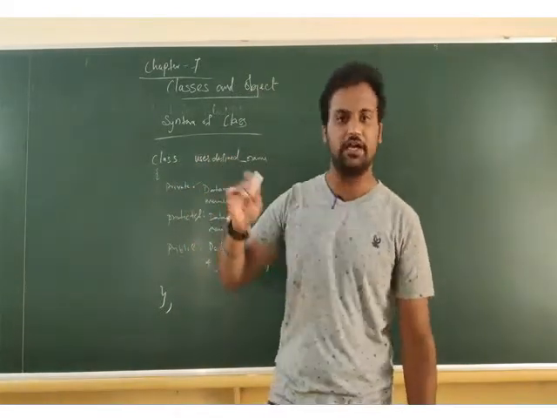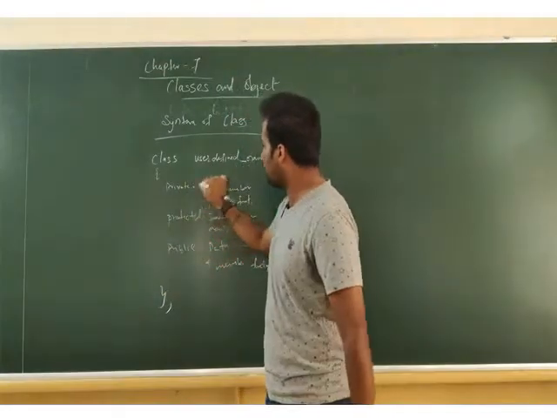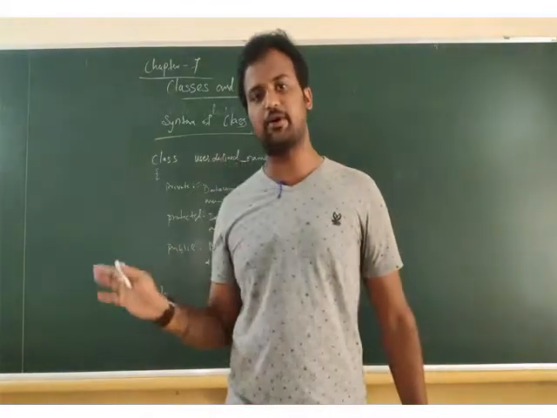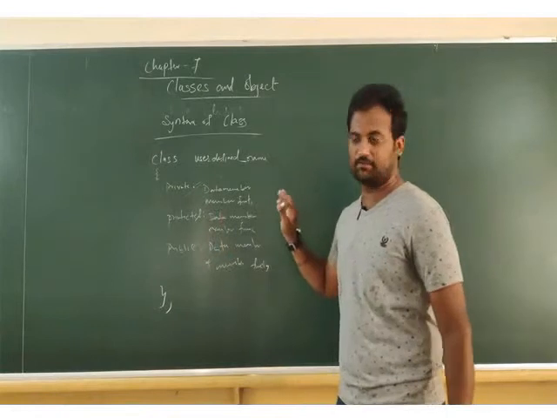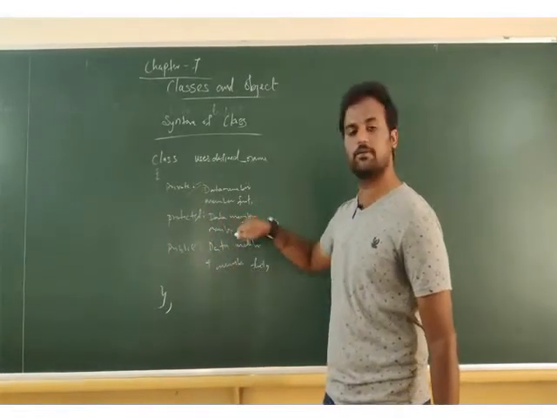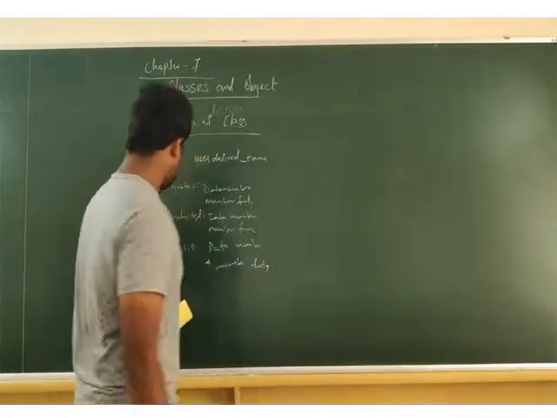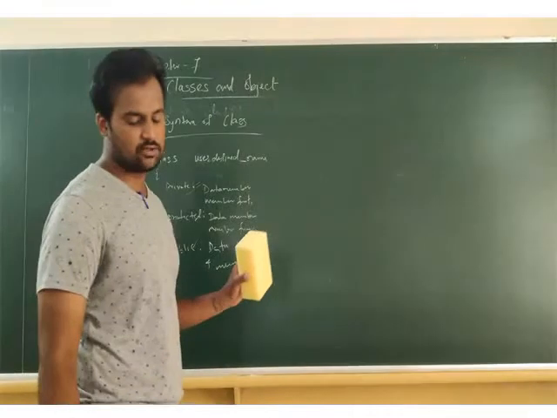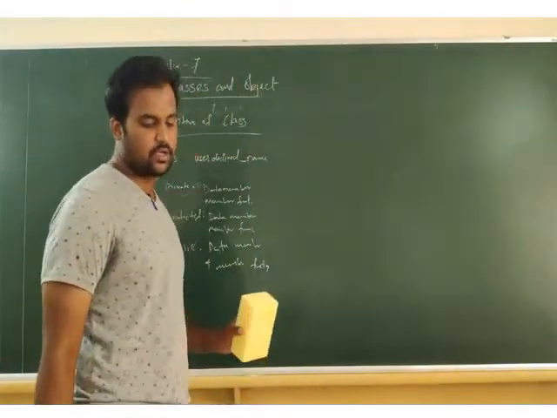We can write in any of these as we wish. If you want to write it in private, write it in private. If protected, write it in protected. If public, write it in public. Always remember, a class always ends with a semicolon.